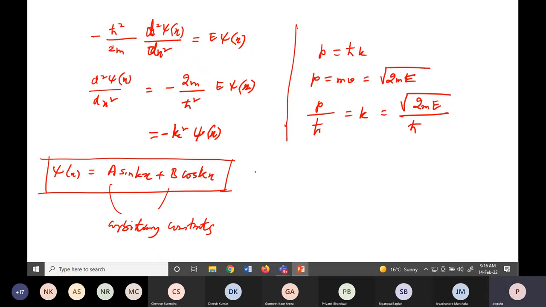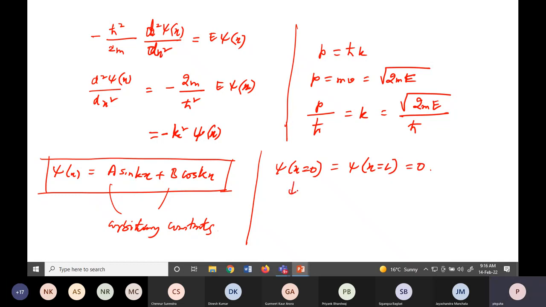So you see, we have already talked about the boundary condition. ψ is 0 because the potential barrier height is infinite. So if we take x equal to 0, you see this A sin kx term will be 0.